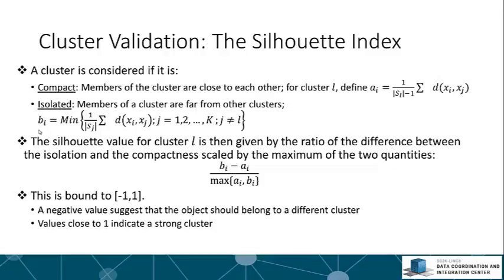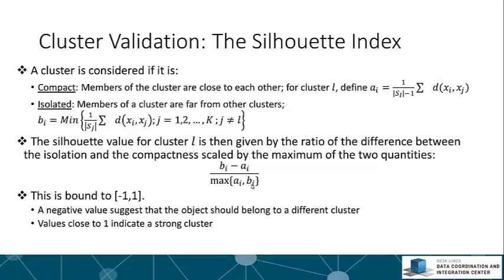Then the silhouette index value for a given datum is given by the difference between the isolation b sub I and the compactness a sub I, as scaled by the maximum of the two values. What this gives us is a number for each object, between -1 and 1.